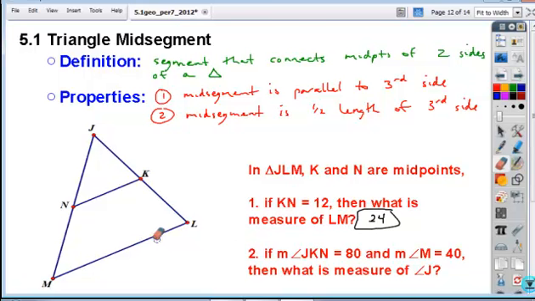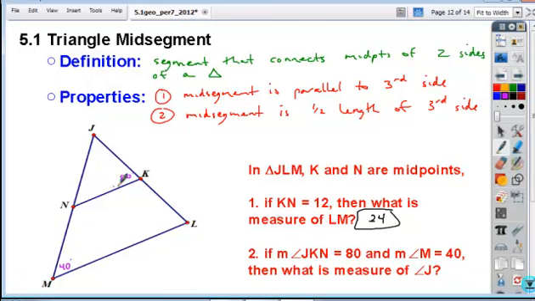Can you identify what the measure of angle J would have to be? So JKN is 80 degrees, angle M is 40 degrees.